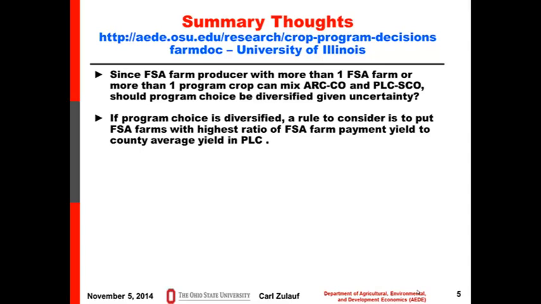So if you're going to make a diversified program choice across farms, there is a rule, I think, to help you decide which farms go into which program, and that is to look at the ratio of the farm payment yield to the county average yield, and to put those farms that have the highest ratio of the farm payment yield to county yield into PLC.